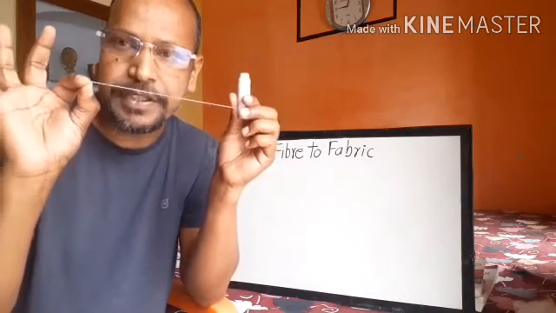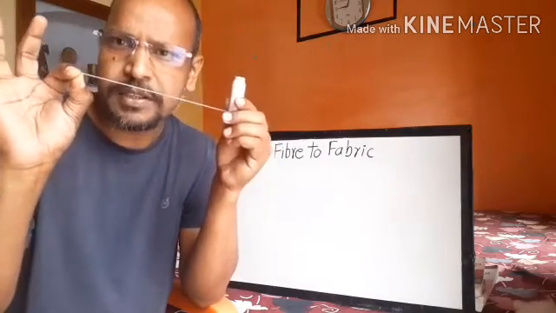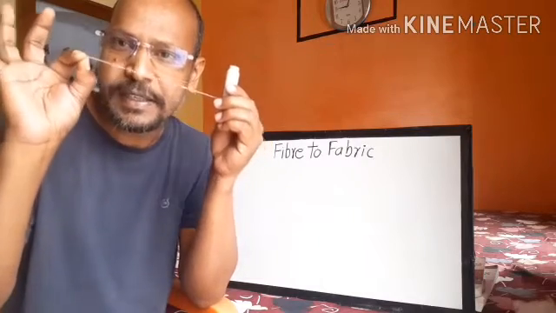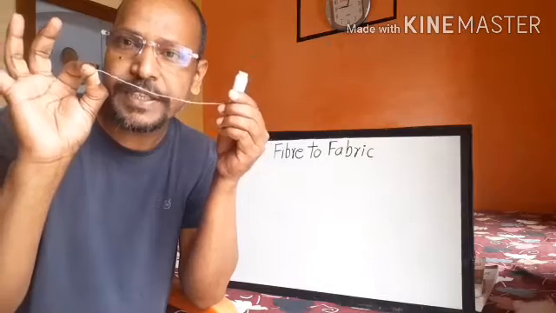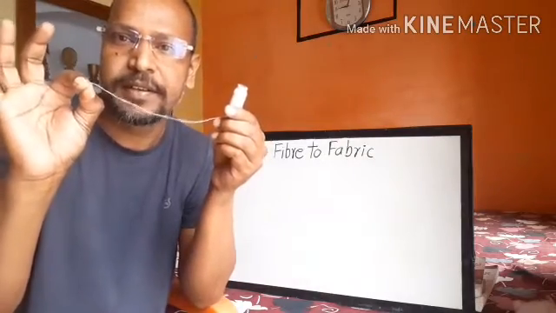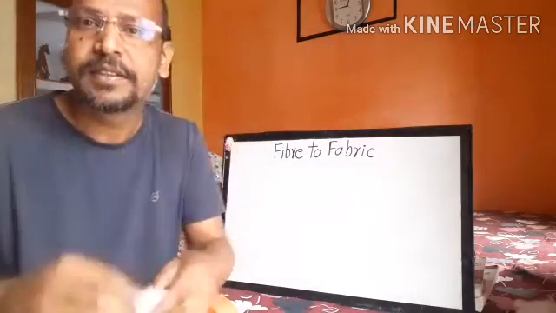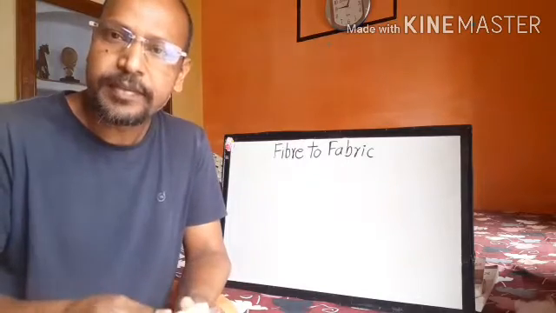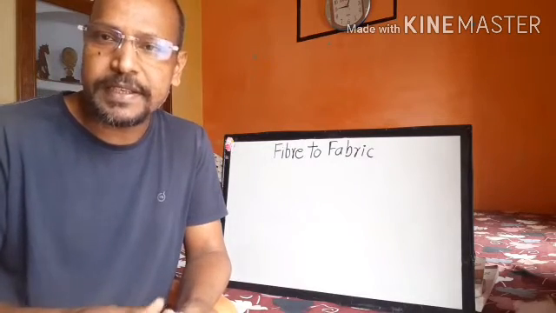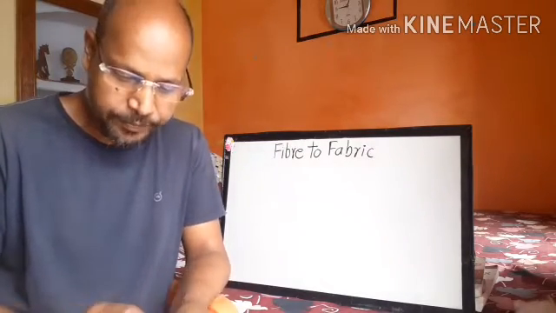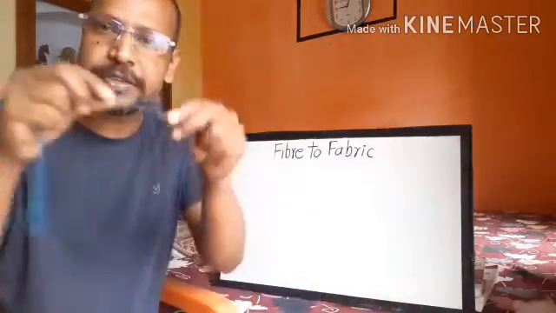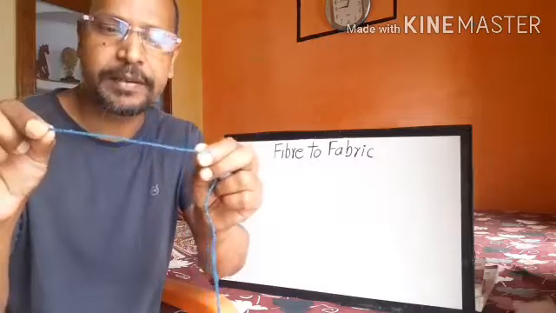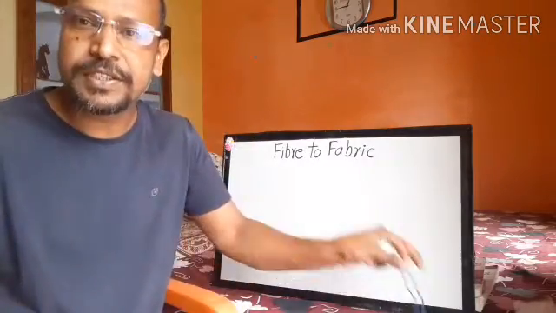Watch the piece of cloth carefully. You can see these yarns or threads are fixed to each other in a pattern. Then our cloth is made. So now the question arises in our mind, how do these yarns come into existence?